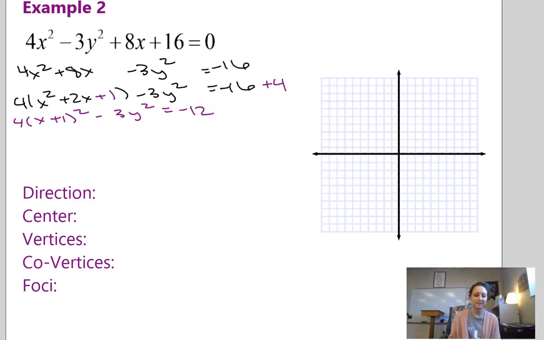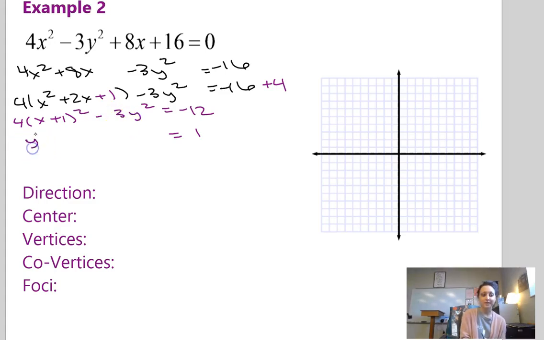Good deal. We like those. So I'm almost there. Remember, I want 1 on this side, so I need to divide everything by negative 12, right? So if I divide the right side by negative 12, of course I get 1. Here I need to divide the whole side, so both terms. So I want you to pay attention here, because if I divide negative 3 by negative 12, it actually becomes my positive, right?